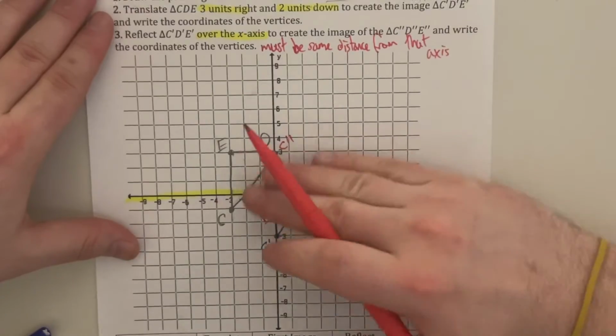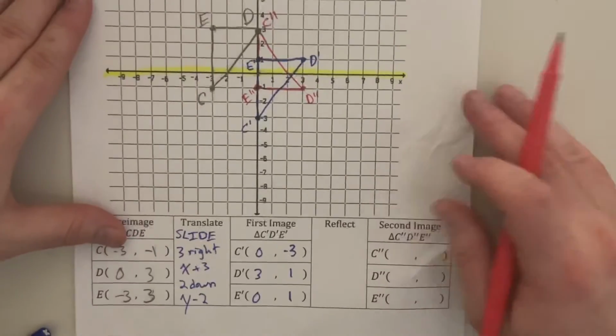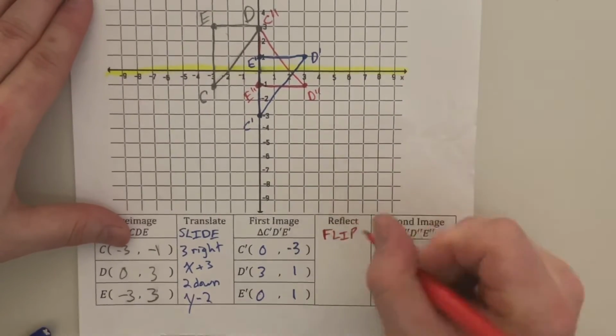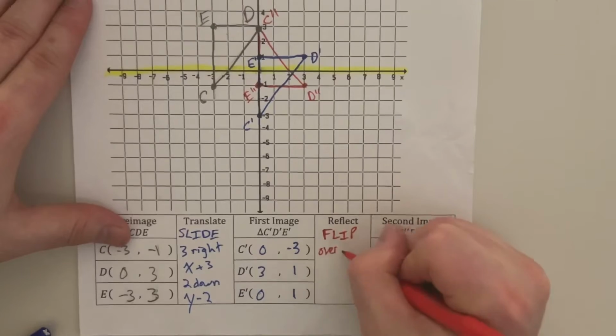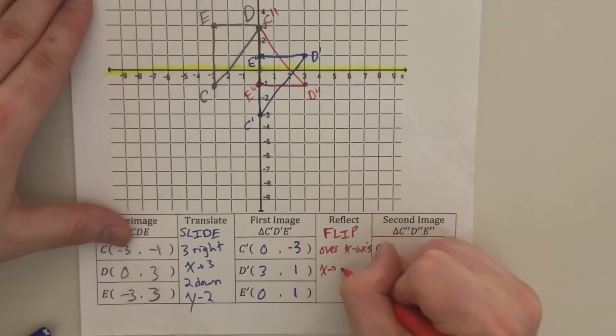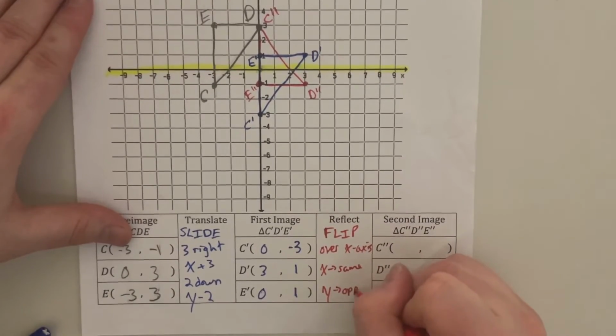So I just reflected over that x-axis, so that means this. If I reflect, I flip. I'm going over the x-axis, which means my x values are the same, and my y values are opposite.